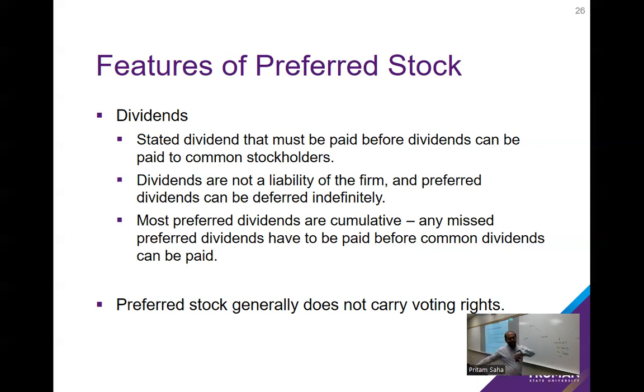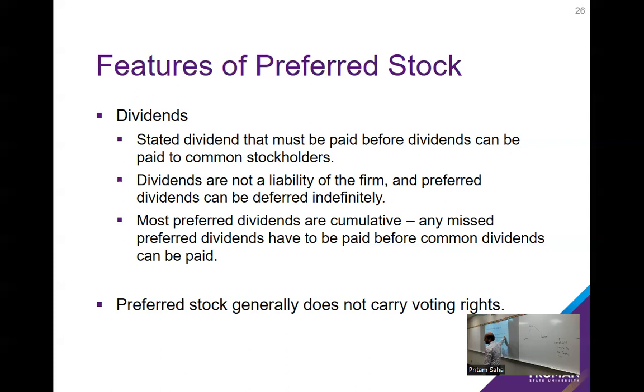Sometimes they can add terms and conditions that there could be growth in your preferred stock dividend, which is very rare in reality. Preferred stock dividends are mostly fixed, flat. Now, dividend payment. Preferred stockholders will be paid first, then common stockholders.